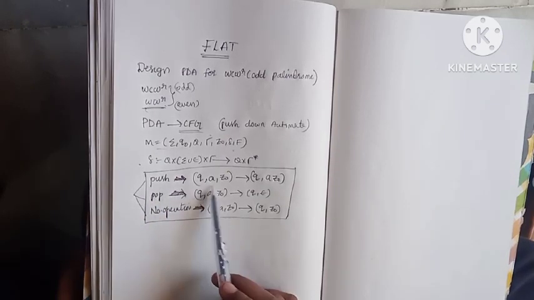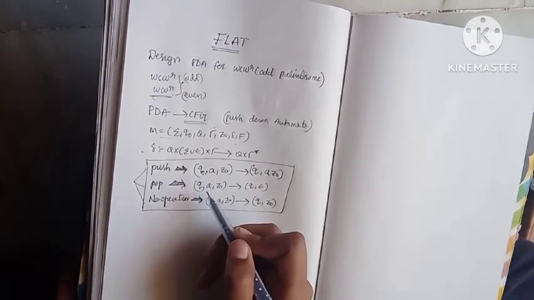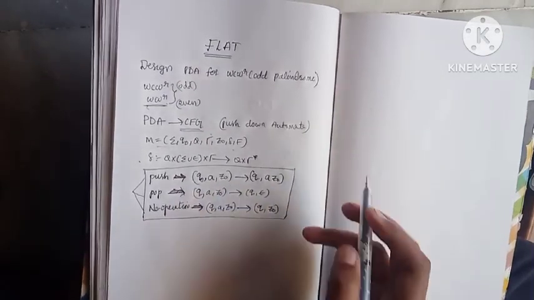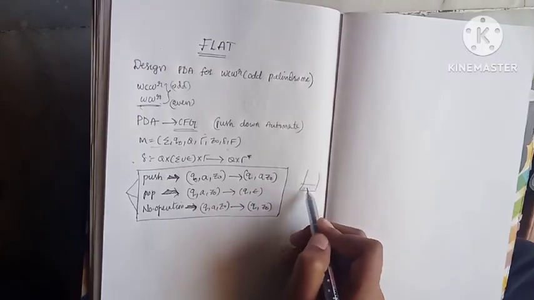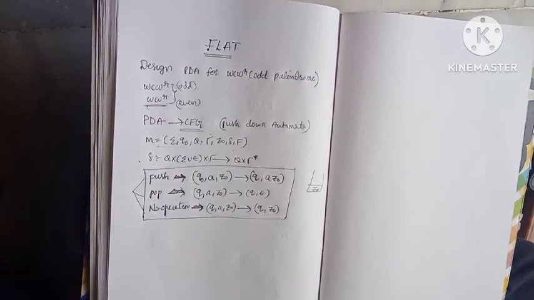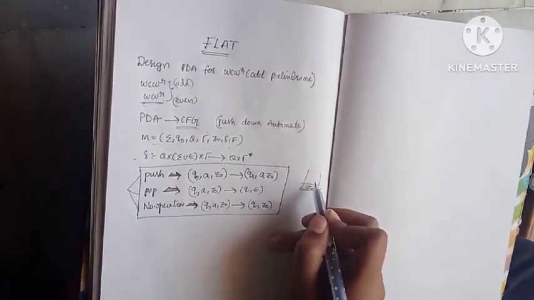These are the basic syntaxes that we need to utilize. For example, if we are at q0 and we are taking input a, and if there is nothing in the stack, we simply write Z0. If you want to perform a push operation and go to the next state, it will be q1 comma a z0.